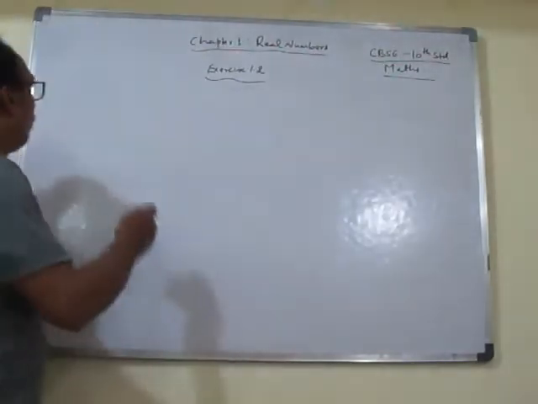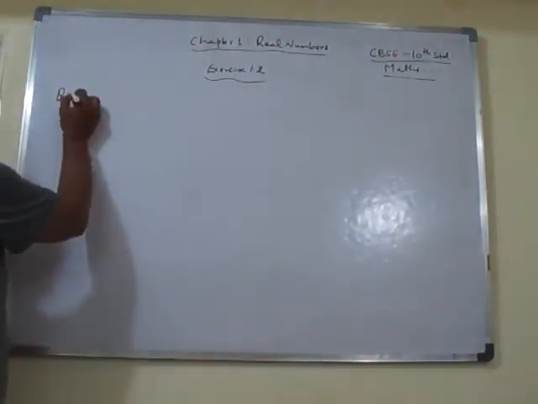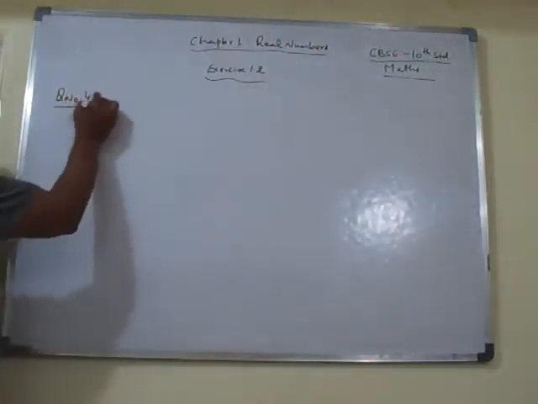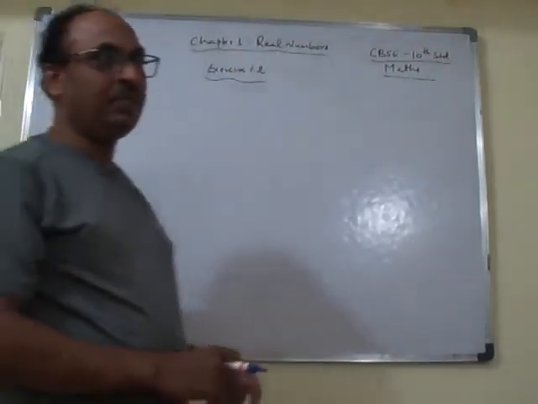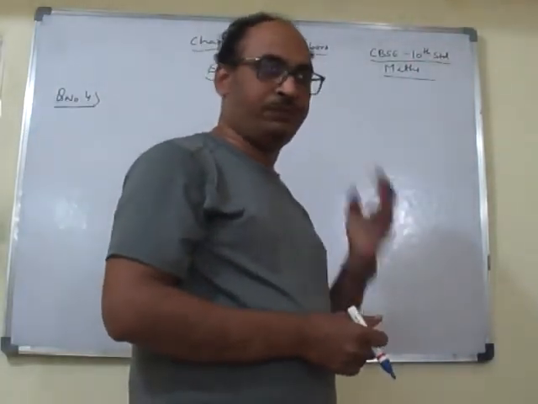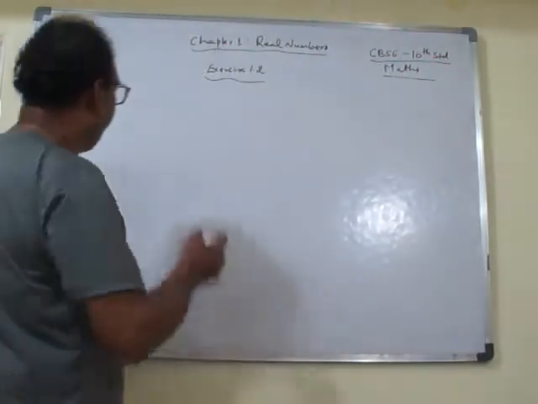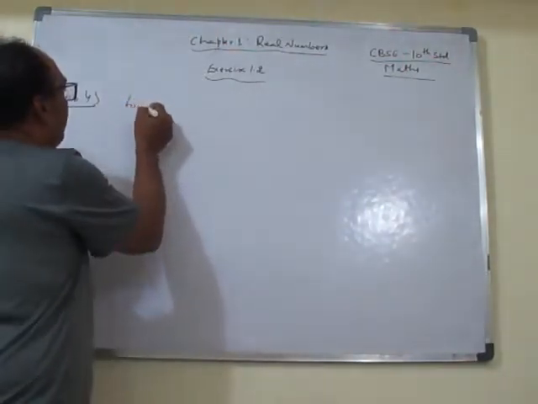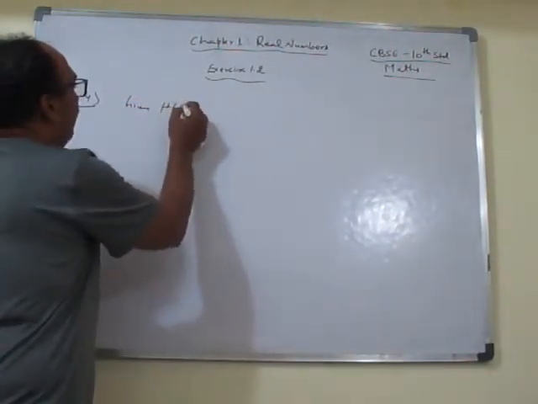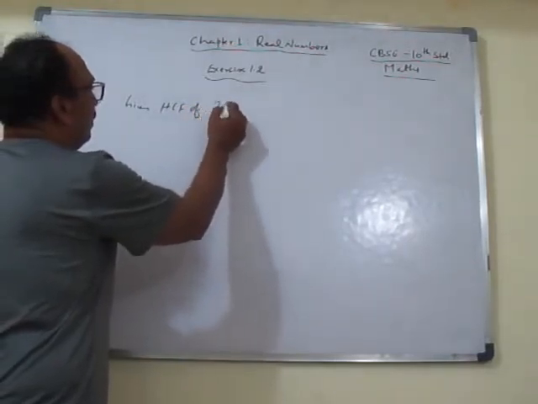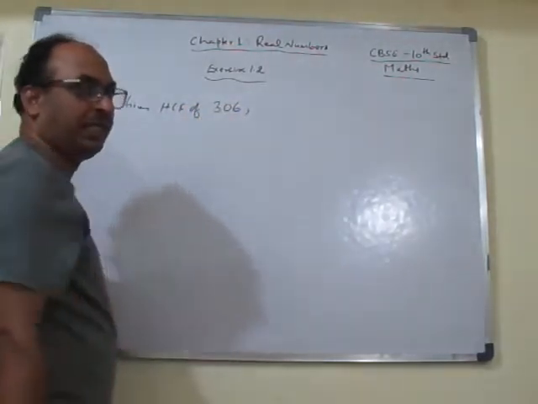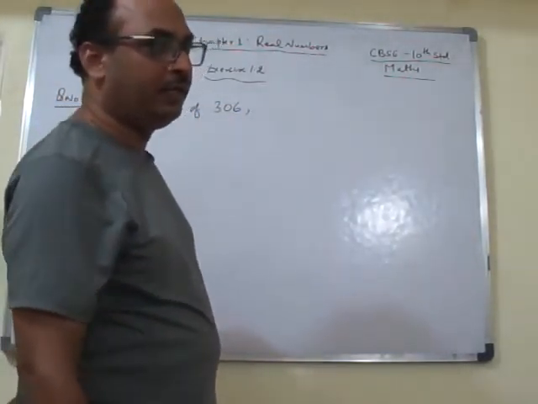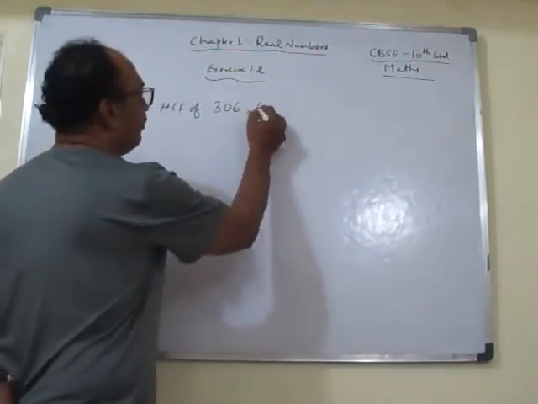So question number 4, what does it say? It says that given the HCF of 306 and 657.